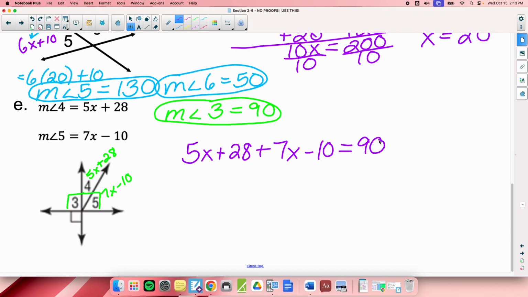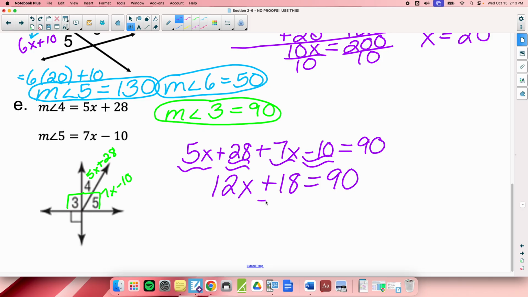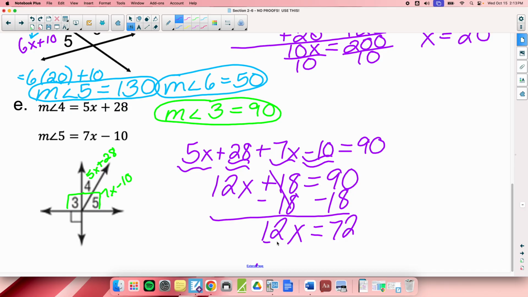Okay, so when I'm solving this, what's 5x plus 7x? 12x. What is 28 minus 10? Positive 18. Then I subtract 18, 72, and I get 12x equals 72. Divide by 12, and x is 6.